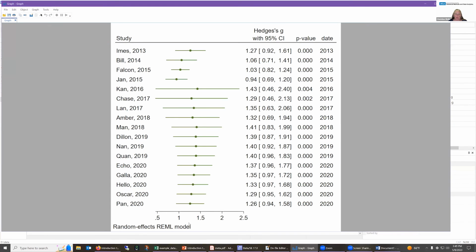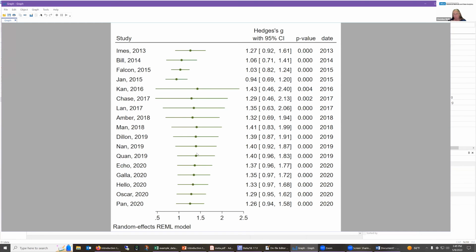Right. And you can get reference lines in here and do whatever you want to do here. But what tends to happen over time is you start to see these dots kind of get into a line, and you start to see the confidence interval shrink and shrink and shrink as you're adding more and more information here.